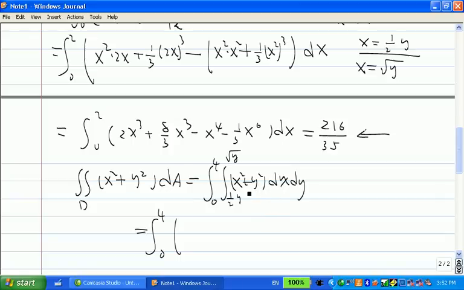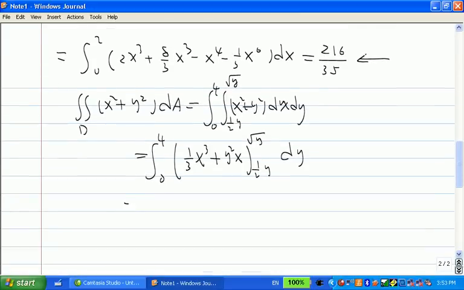This time we'll integrate about x, so you treat y as a constant. First you get 1/3 x to the third. Second, y squared is a constant, so you get y squared x. Evaluated at 1/2 y and square root of y, then dy.